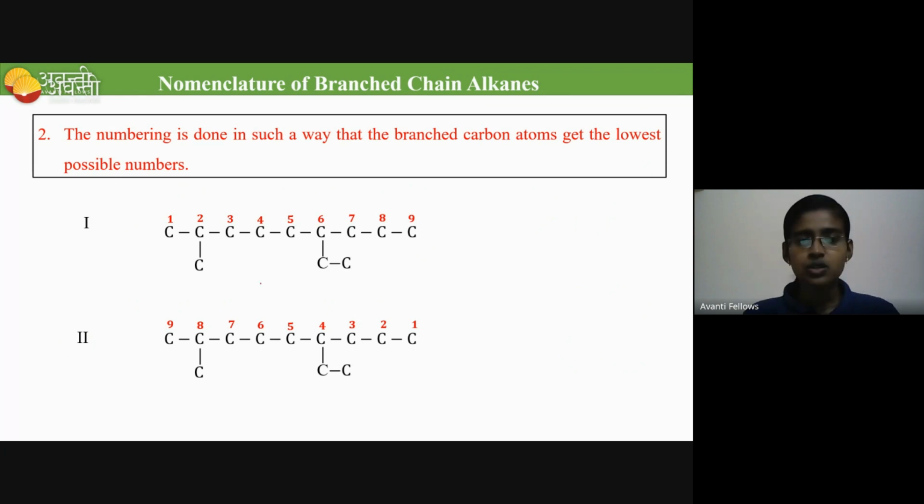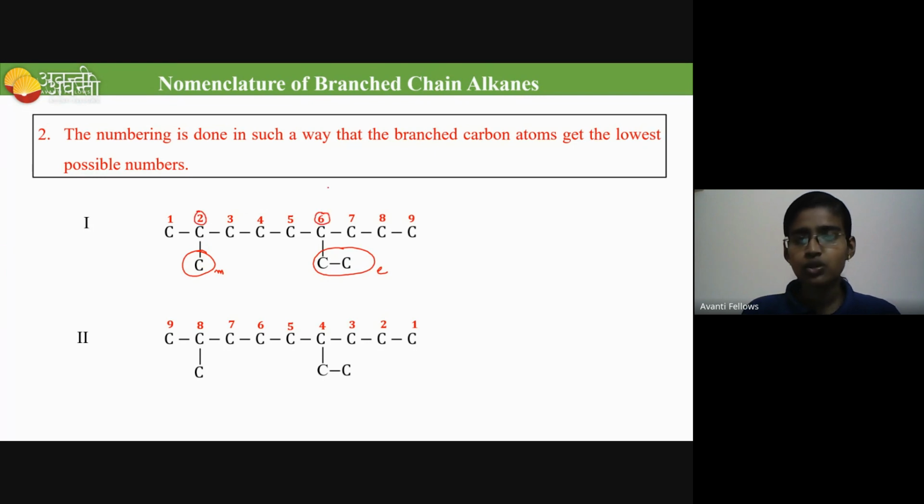Okay. So here we have 2 branches, right? What is the name of this particular alkyl group? If an alkyl group contains only 1 carbon, it is called methyl. And this is called ethyl. Now we have to look at the carbon to which these alkyl groups are attached. So methyl is attached to the second carbon and ethyl is attached to the 6th carbon.